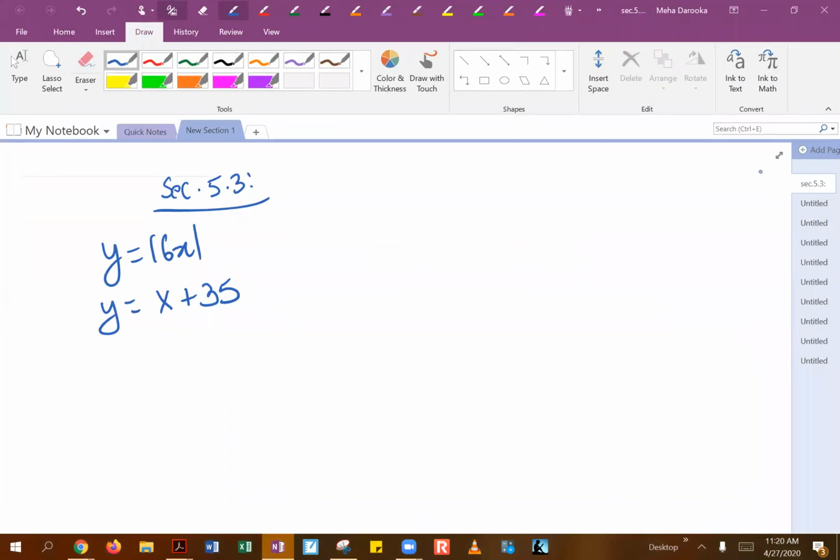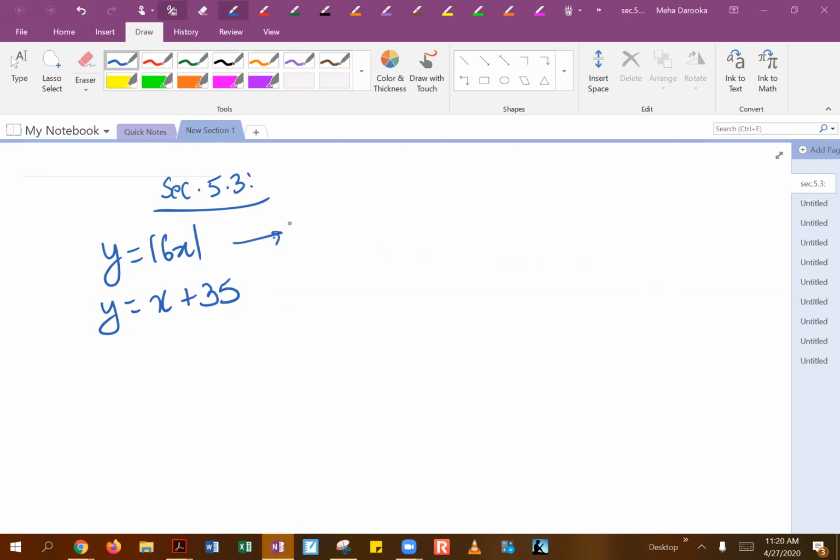If we are doing this instead of graphing, which method would you go with? Addition or substitution? Let's do substitution. Substitution would make more sense because your first equation is absolute value of 6x.